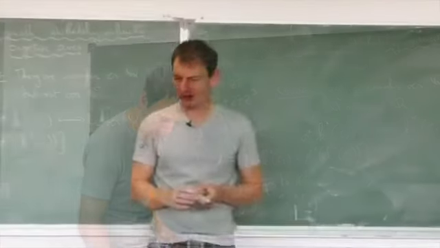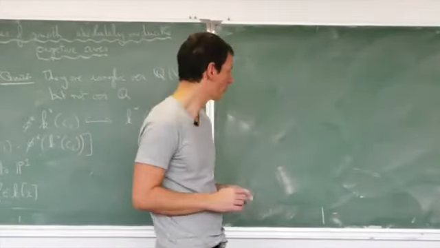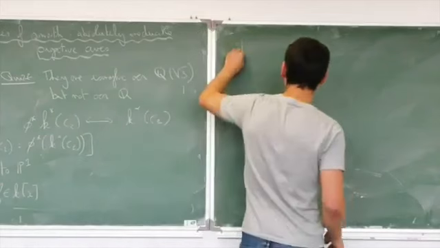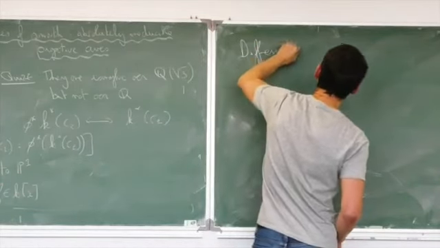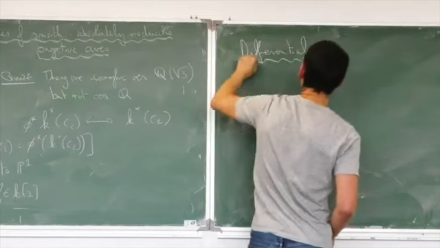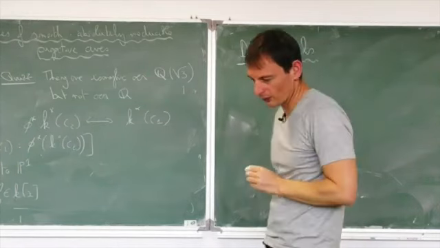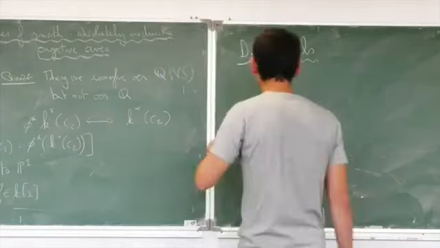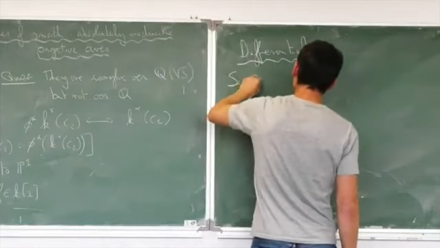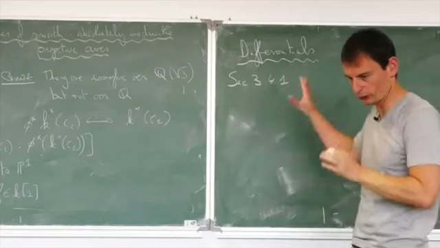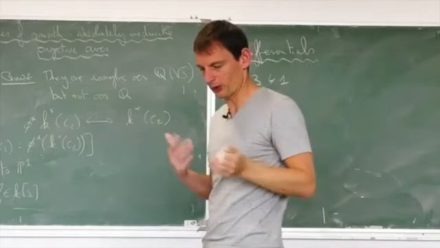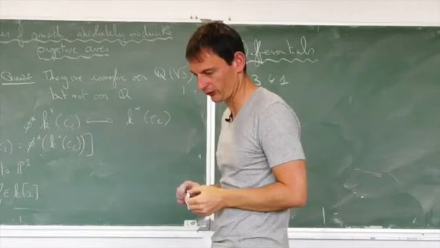Okay, so one last notion I want to tell you today is differentials. This is a part of the notes, section 3.4.1. If you don't know about differentials, you should read it before looking at the rest of this lecture.